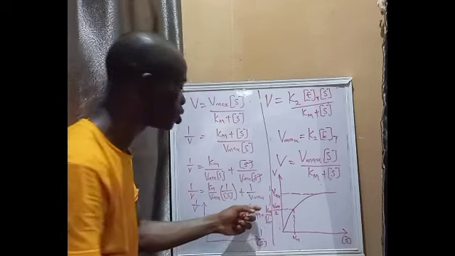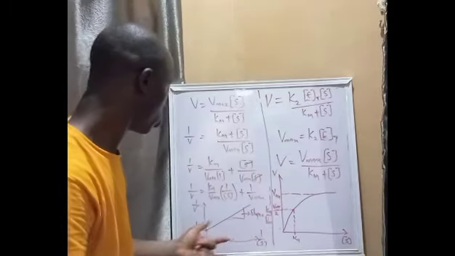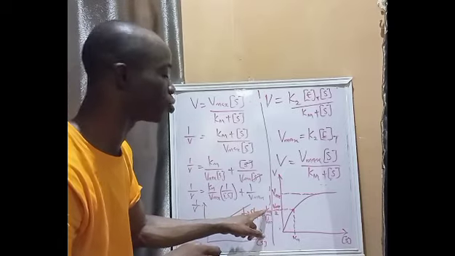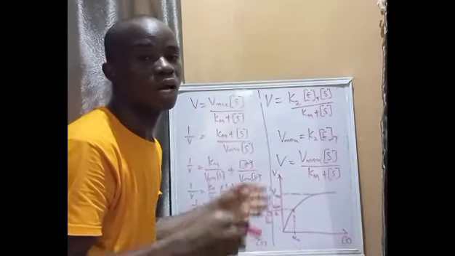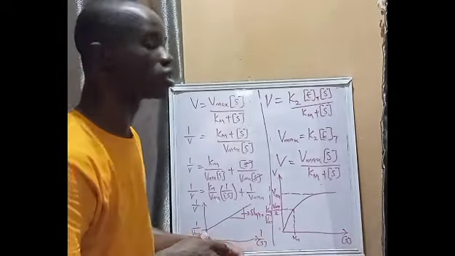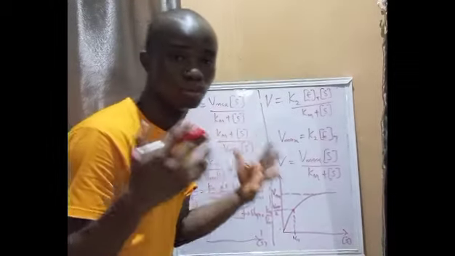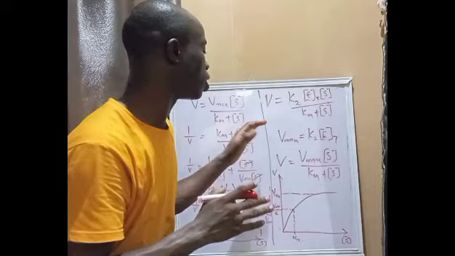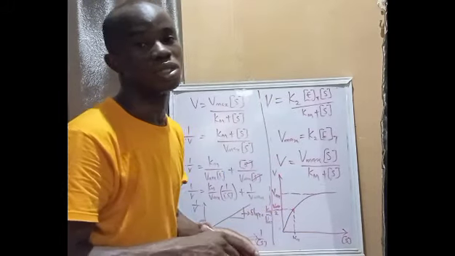So when you find the slope of this straight line, you can easily equate it to your Km over Vmax. But because you have gotten the Vmax from the y-intercept, you can simply use that to get the Km from the slope, and that's how to work with both the Lineweaver-Burk expression and its graph, and the Michaelis-Menten expression with its graph.